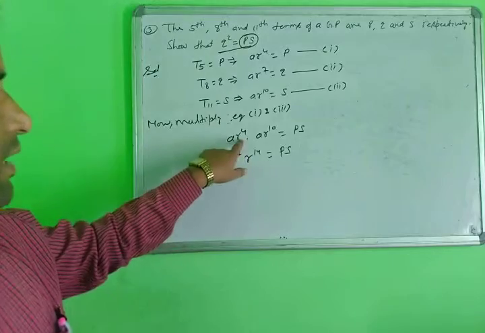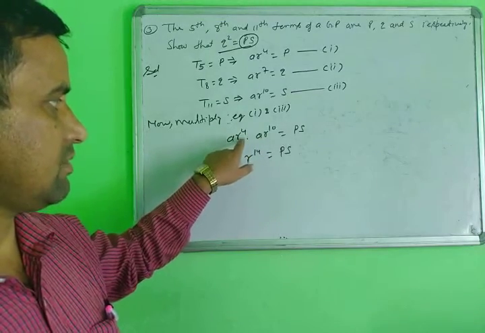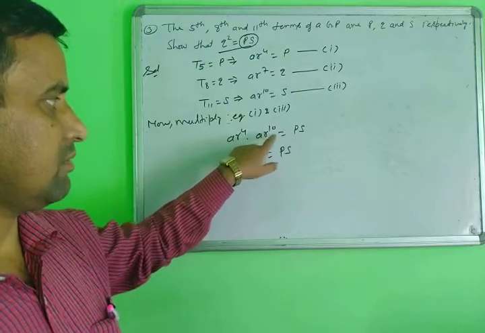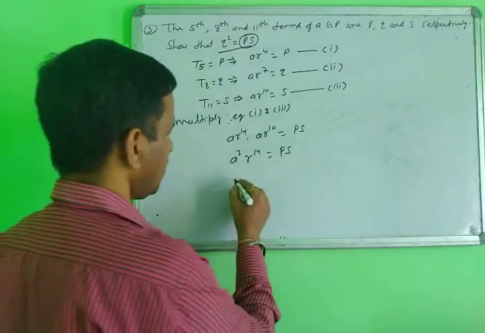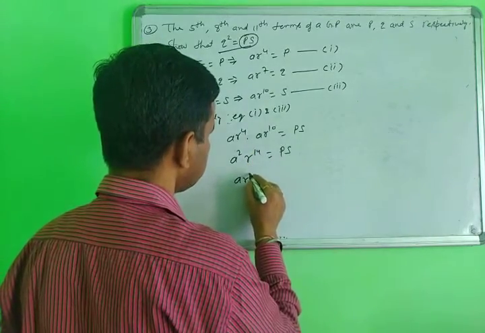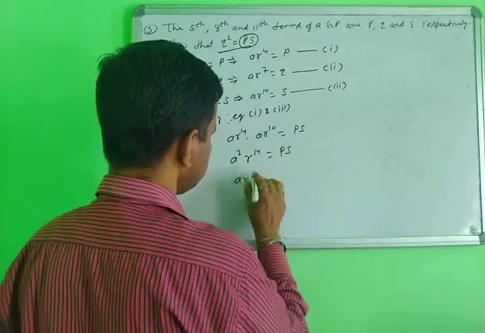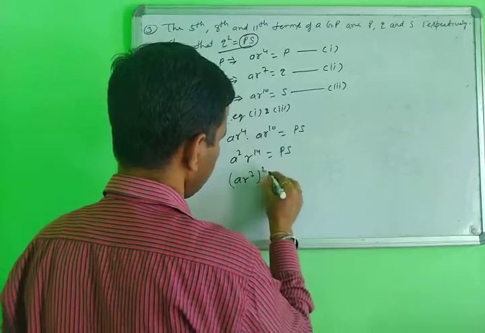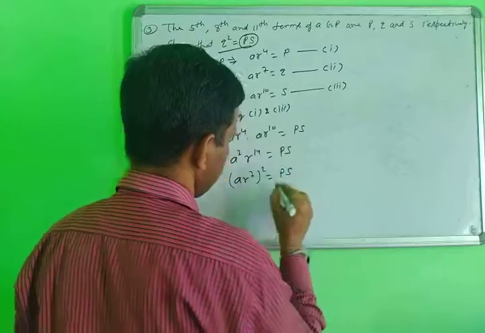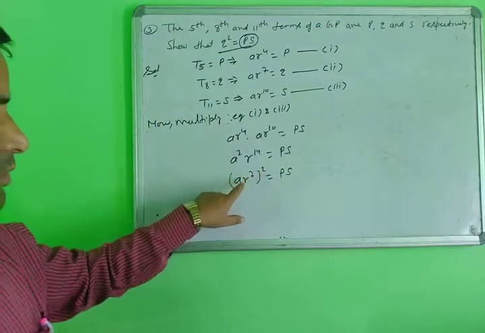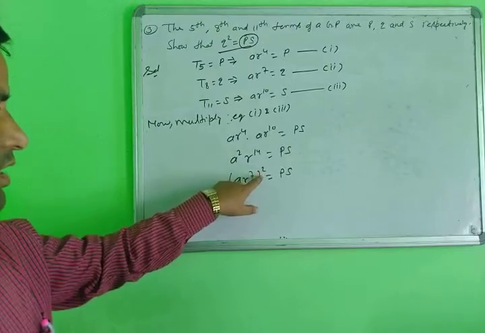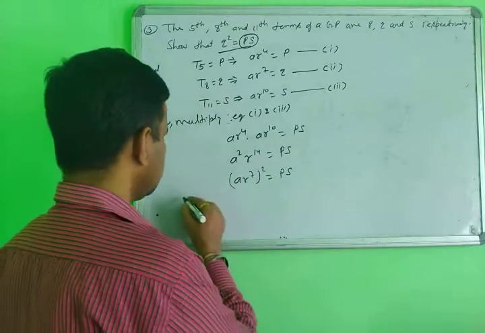When R exponent 4 and R exponent 10 are in multiplication form, you add the powers, so R^14. Then you can write AR^7 whole exponent 2 equals PS. This means you can convert it into the whole square form, AR^14 or AR square.